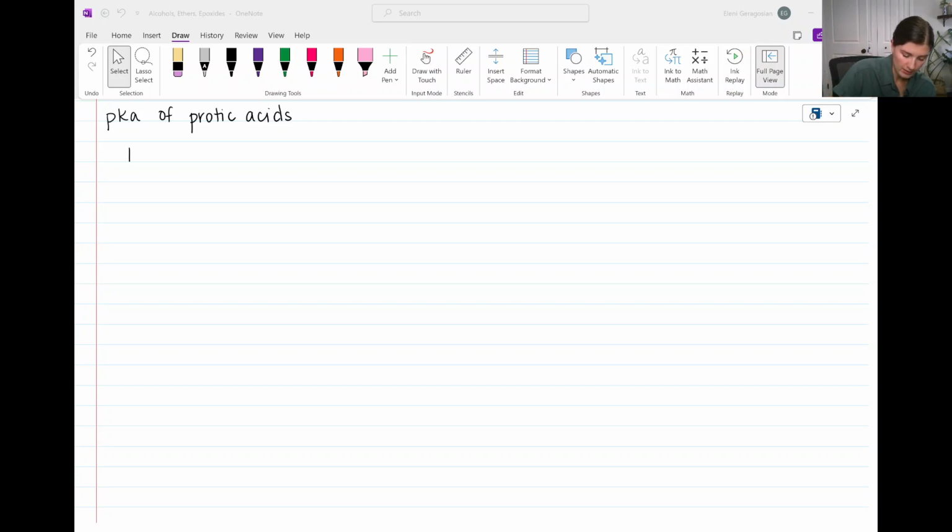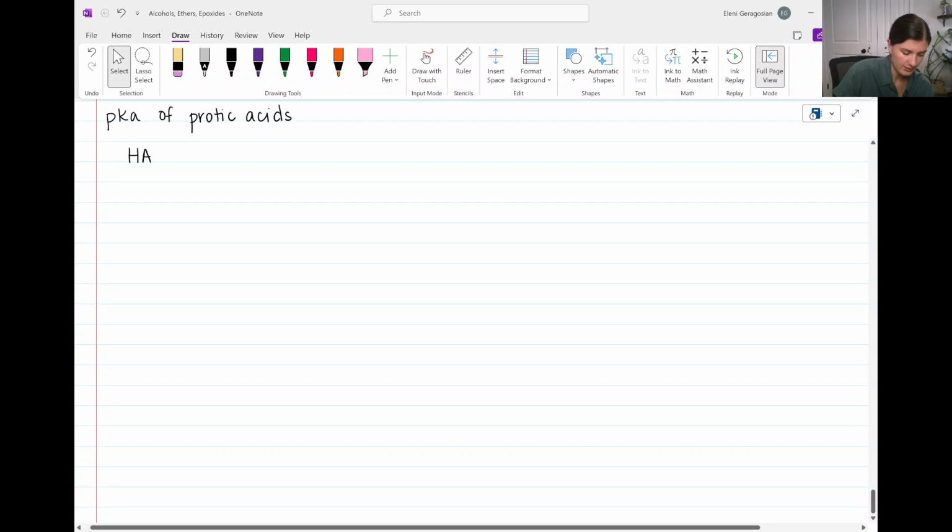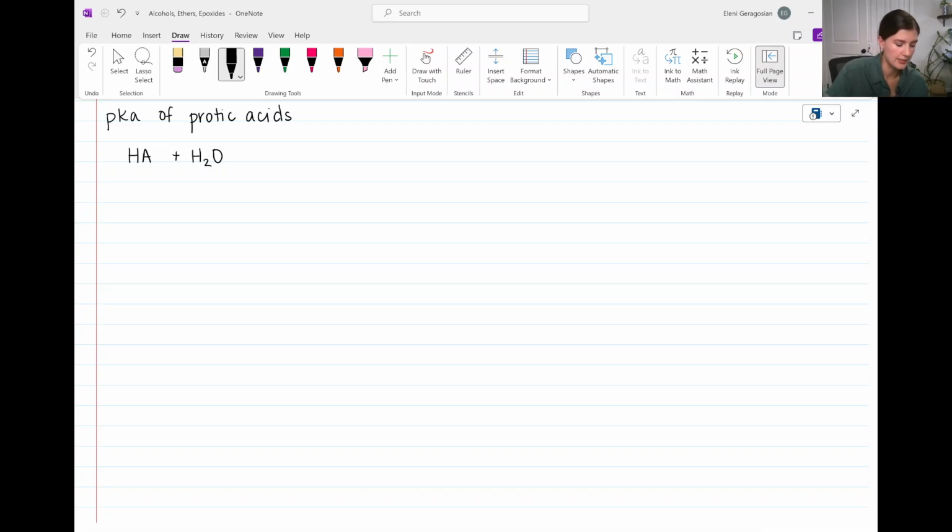So we can talk about a generic acid, HA. We add this to a water solution, so we say water is in excess. We assume this will exist in equilibrium. If HA is an acid, then it donates a proton, so on the right side of the equilibrium we have H3O plus and A minus.